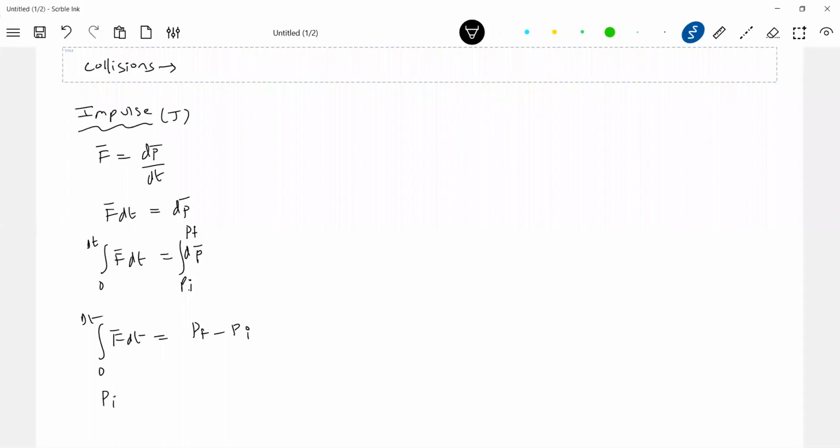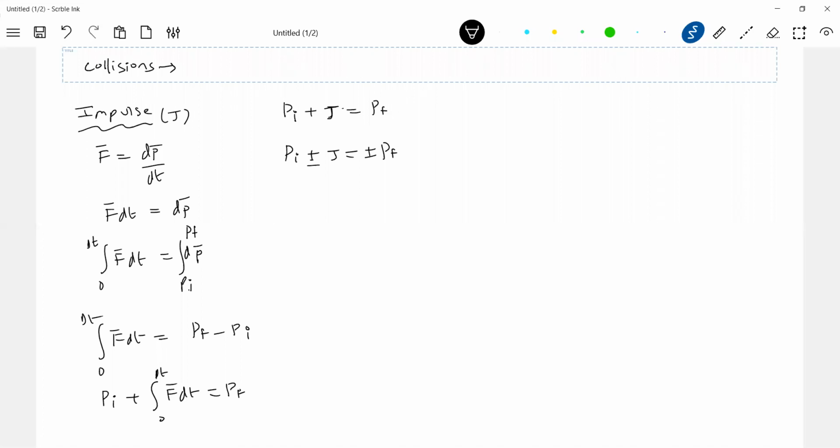So pi plus the integral of F bar dt from 0 to delta t equals pf. In a very generalized form, pi plus J equals pf. The initial momentum plus or minus J equals the final momentum.